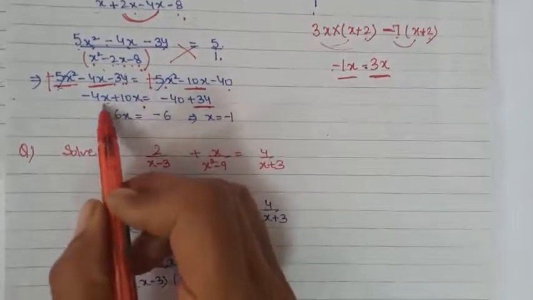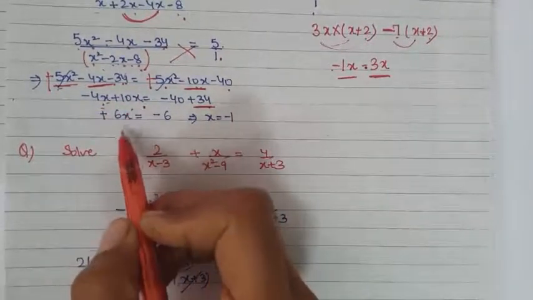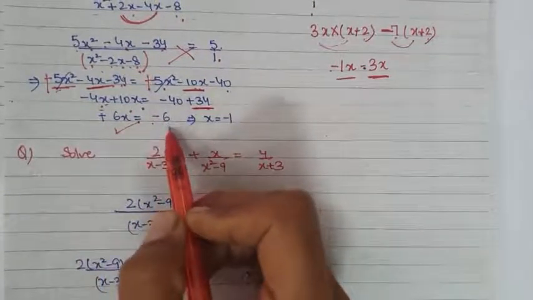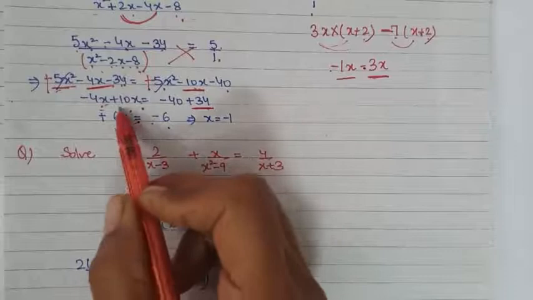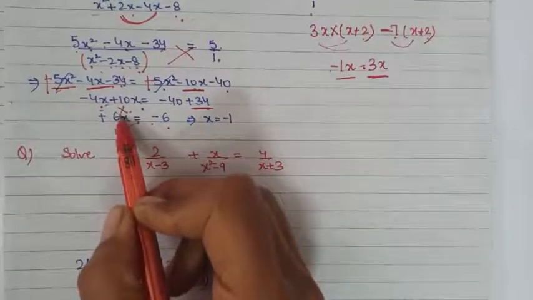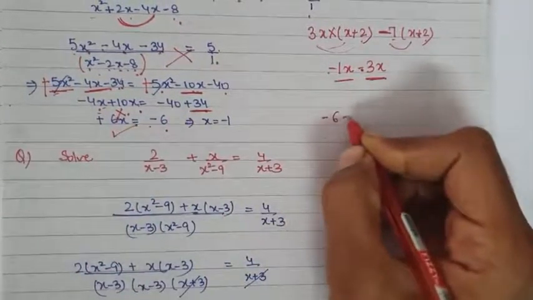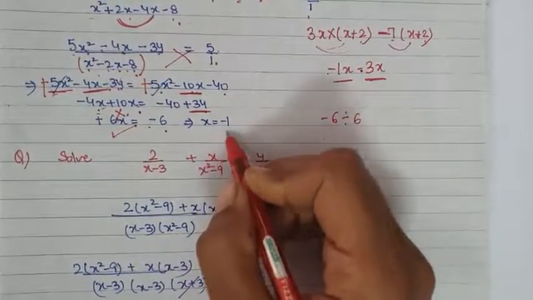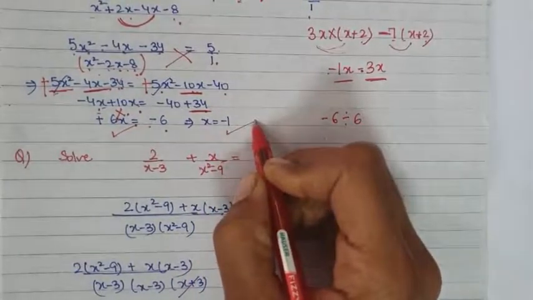Now minus 4x plus 10x gives you 6x is equals to minus 6. Now 6 is getting multiplied here, it will get shifted. So minus 6 divided by 6 gives you minus 1. Clear children?